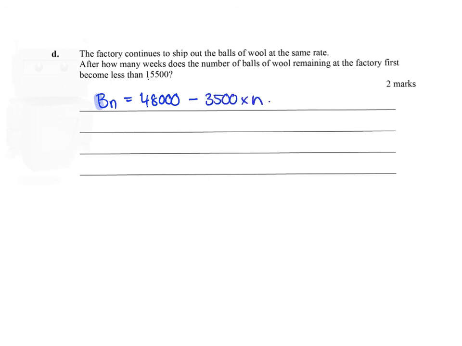They're giving you a value there. So we want to know when it becomes that. So we can write it out like that, and n is going to be our unknown.